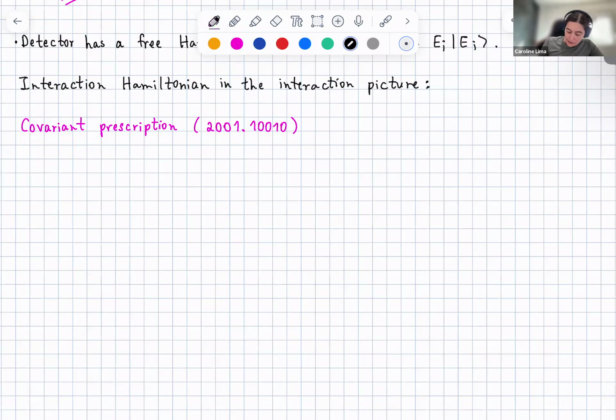So this prescription is given by the interaction Hamiltonian for some time t. It's going to be the integral in the Cauchy slice for t times the determinant of the metric written in those coordinates times some Hamiltonian weight.